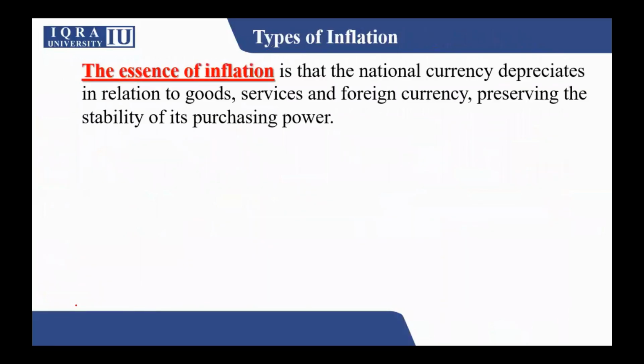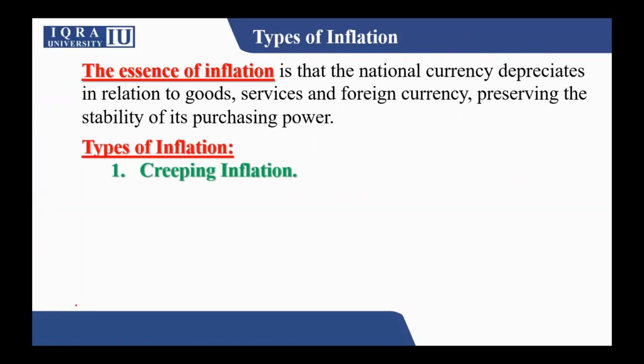Now we are going to discuss the types of inflation. The essence of inflation is that the national currency depreciates in relationship to goods, services, and foreign currency, reducing the stability of its purchasing power. The first type we are going to study today is creeping inflation.